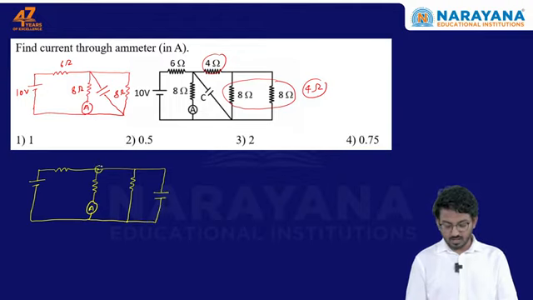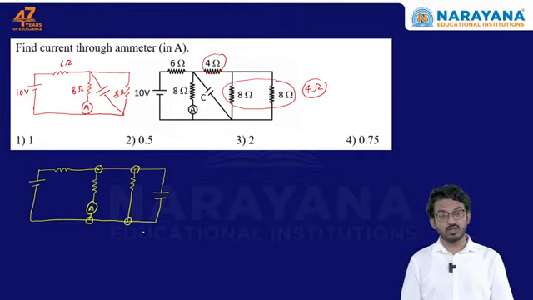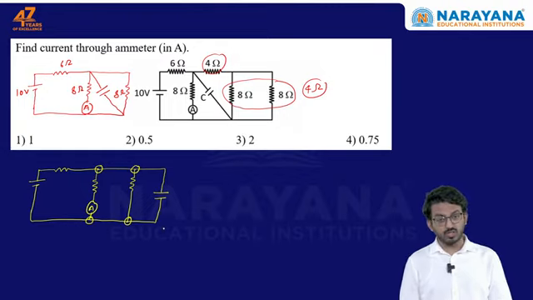Notice that these 2 points are at the same potential and these 2 points also are at the same potential because they are conducting wires. So the capacitor anyway is connected to similar potential points. The circuit has effectively not changed here.